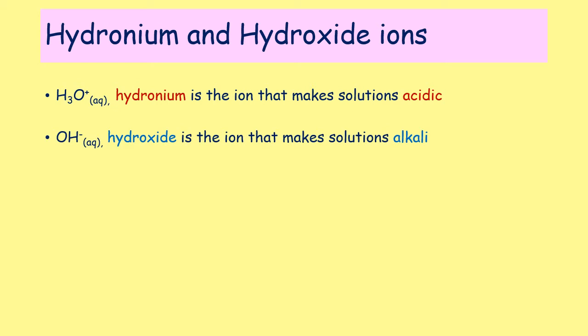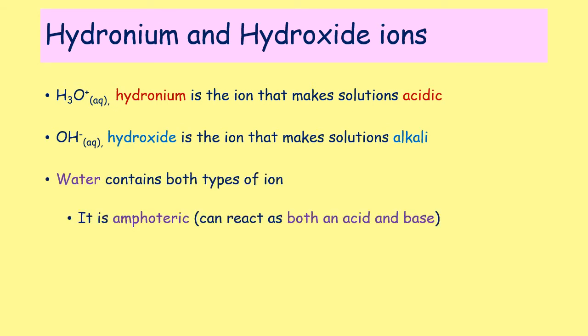A chemical like water that can act like an acid and like an alkali has a special word used to describe it, and that word is amphoteric. Amphoteric describes a chemical that can behave as both an acid and a base or an alkali.